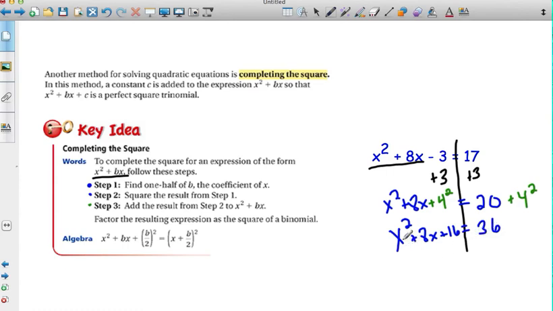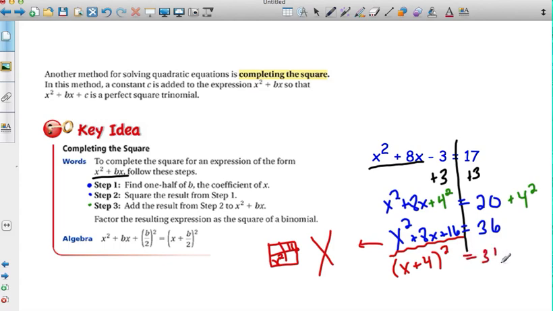Next, I'm going to factor this section right here, which means on the side you can draw your rectangle, put your x squared, your 16, and make your diamond problem. Hopefully it's a perfect square, that's the whole idea. You end up with x plus 4 squared is equal to 36.